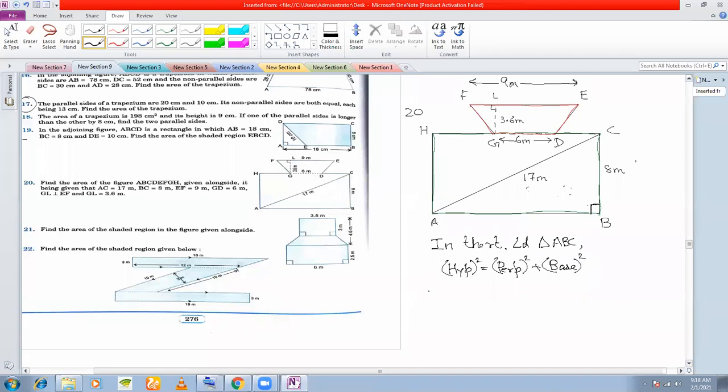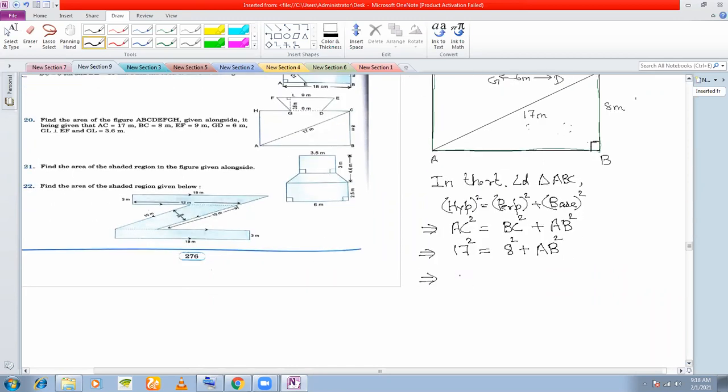Hypotenuse, if you see here, is AC, the diagonal. Perpendicular here is BC, and base is AB. Now just put the values. AC is 17, so AC square becomes 17 square. BC is 8, so BC square becomes 8 square. And AB length we have to find out, right? AB as it is.